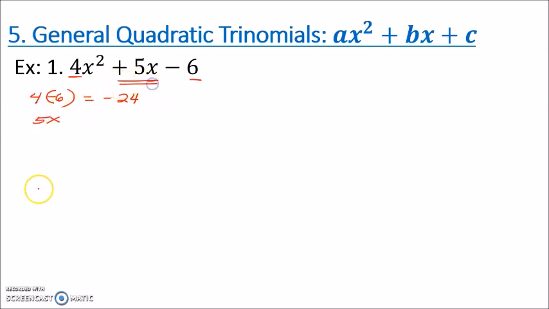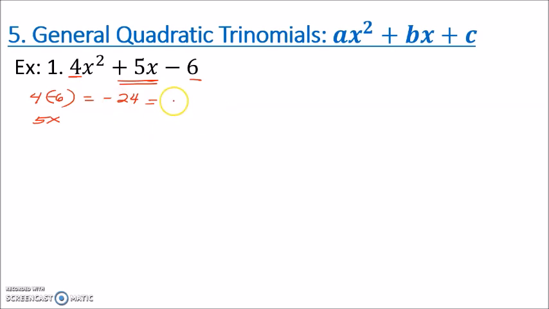Okay, positive 5. So, hahanapin natin yung 5x. Dito yan, ha? Ano ba yung factors ng negative 24 na posibleng maging 5? 24 would be 4 and 6, pero magiging ano yan? It's either 10 or negative 2. Okay? What else? We have 8 and 3.